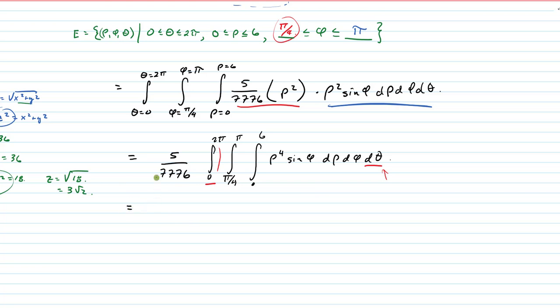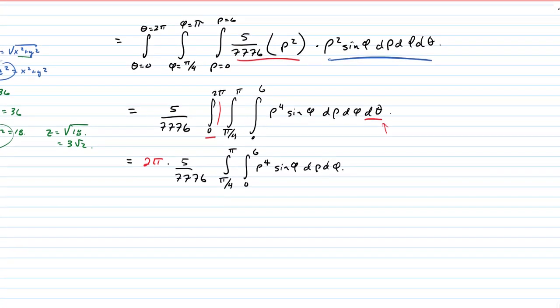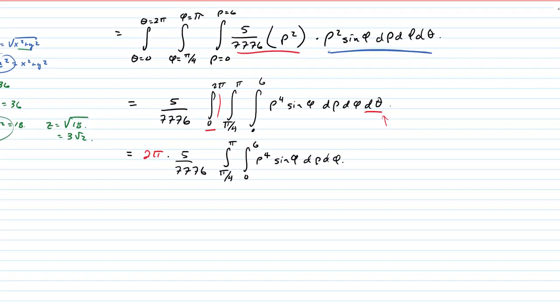So I'm going to say that this is going to be 2 pi times 5 over 7,776, then pi over 4 to pi, 0 to 6, rho to the 4th sine of phi d rho d phi, having already taken care of that integration with respect to theta.